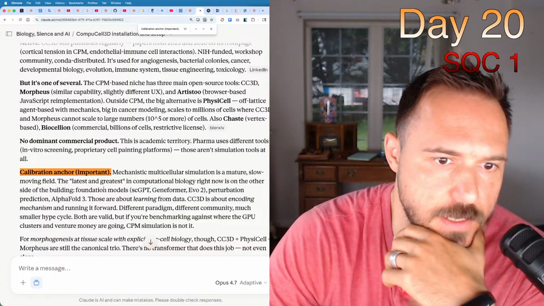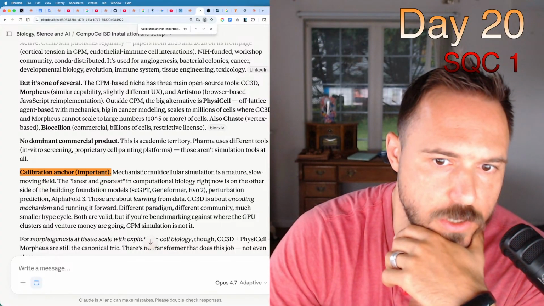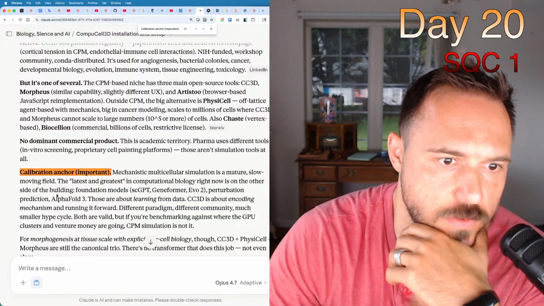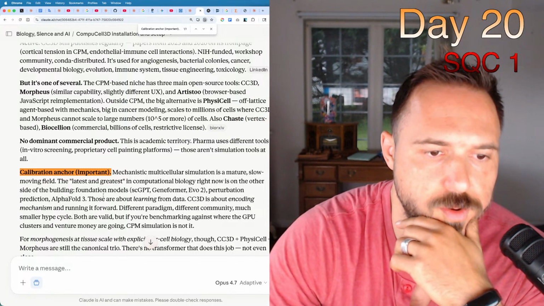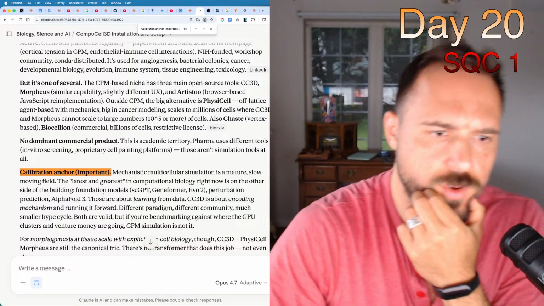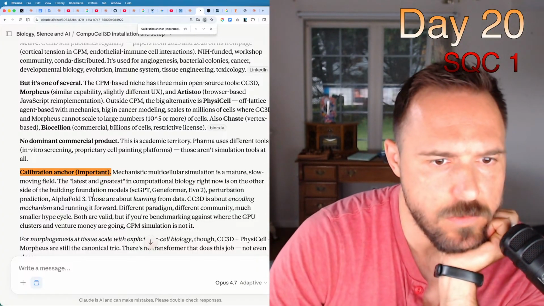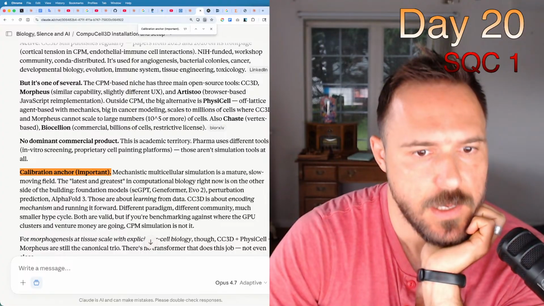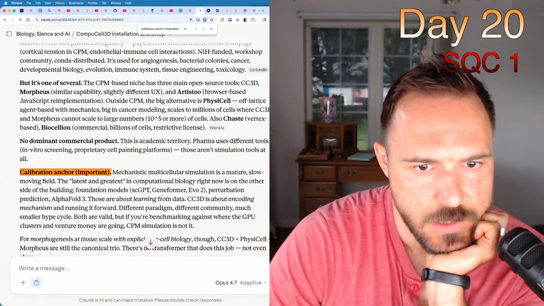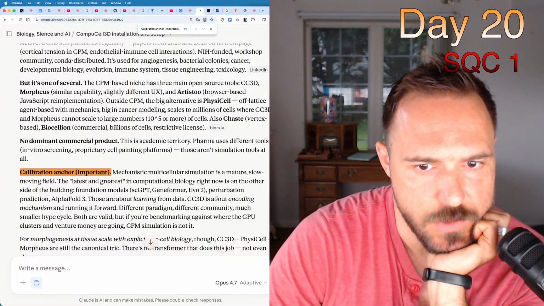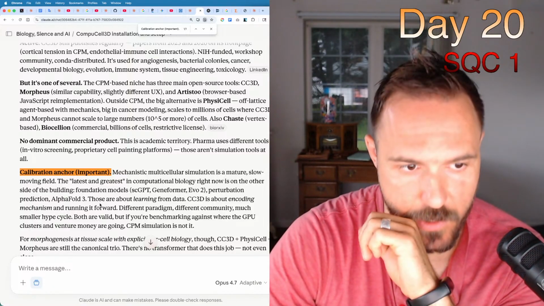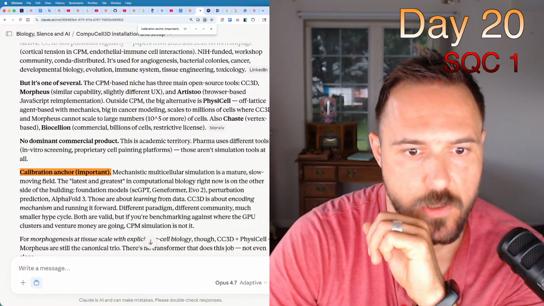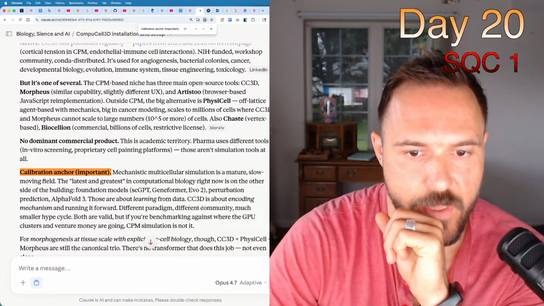The latest and greatest in computational biology right now is on the other side of the building. Interesting. Foundation models: scGPT, Geneformer, Evo 2. Perturbation prediction, AlphaFold 3. Those are about learning from data.